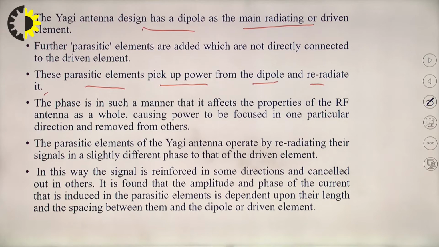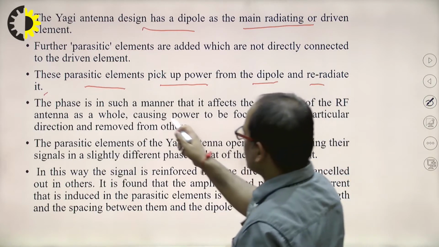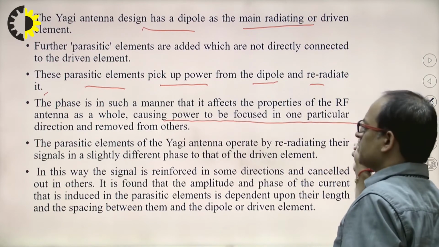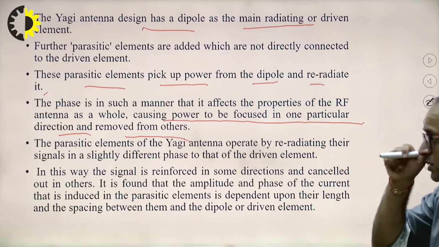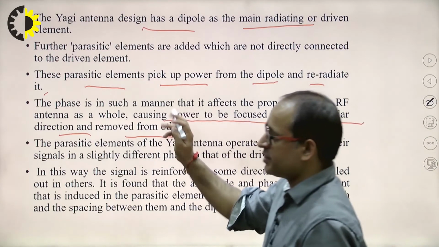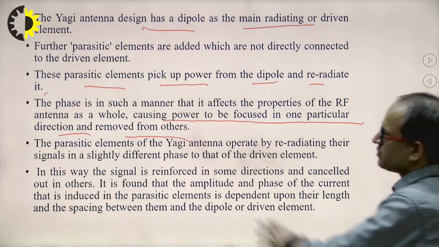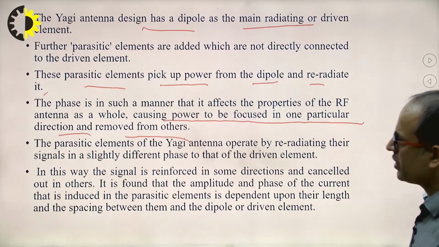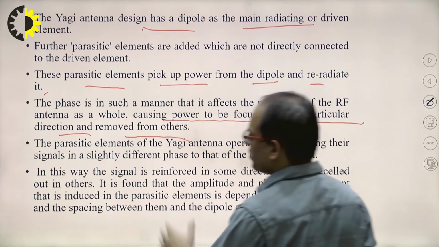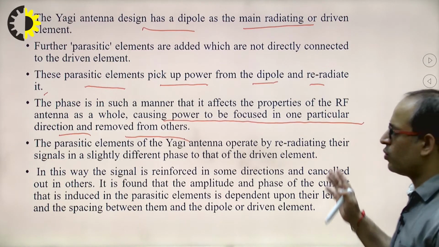The phase is adjusted in such a manner that the power is focused in one particular direction and removed from the others. This means the parasitic elements are arranged at such a distance that the whole power, or you can say the whole signal, is directed into the particular direction and removed from the other directions.